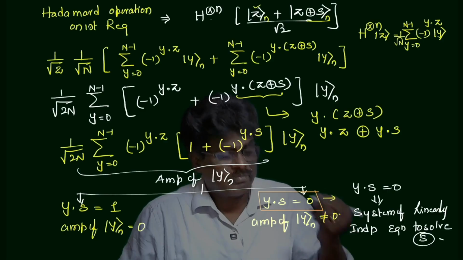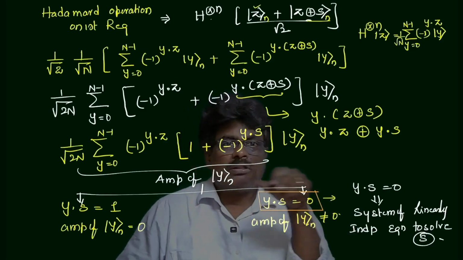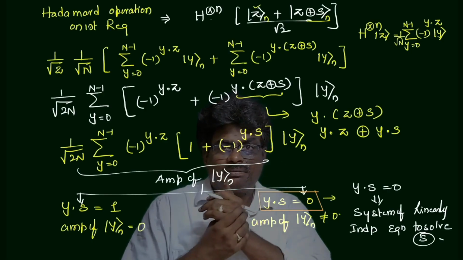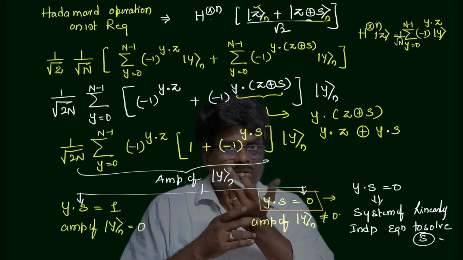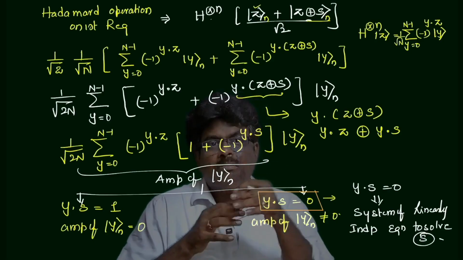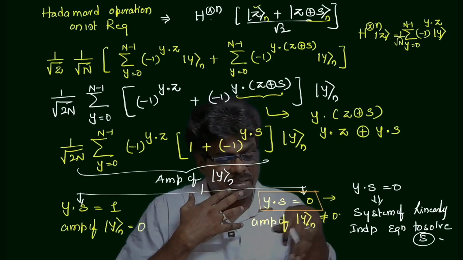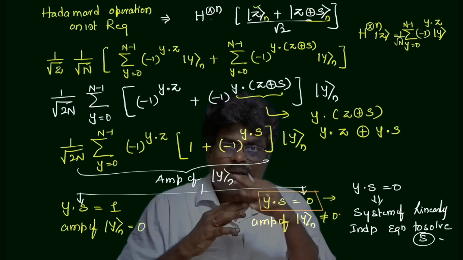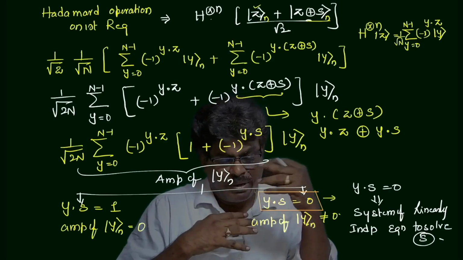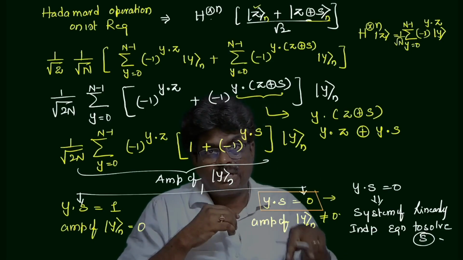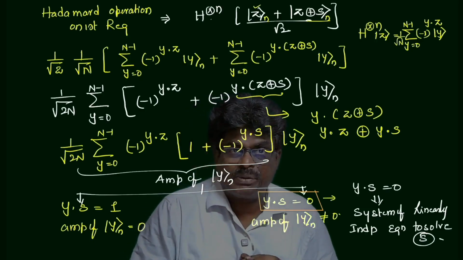If you solve that system of linearly independent equations, we will get that s. It depends upon the number of independent equations, and that depends upon the number of qubits, of course. So that's it, and when we explain this algorithm using some example, then you will understand what that system of linearly independent equations is.